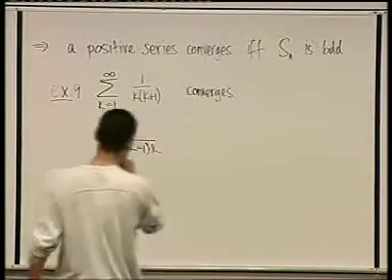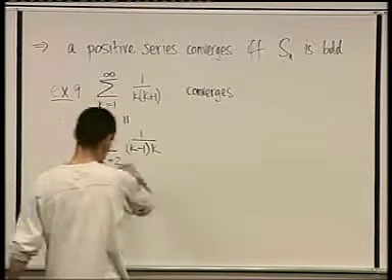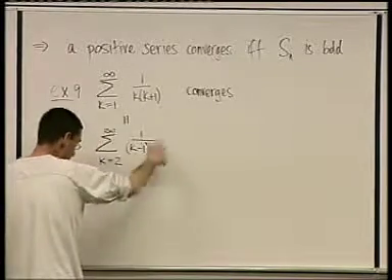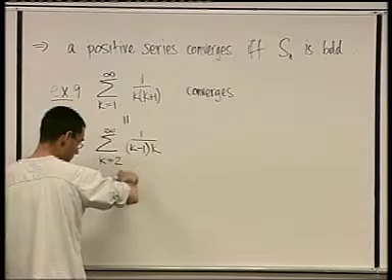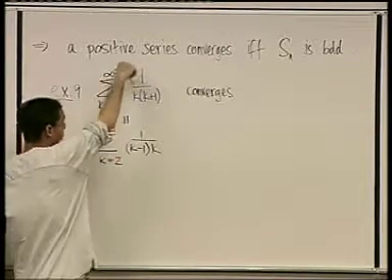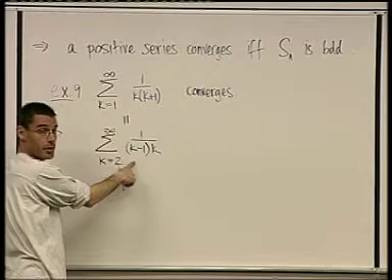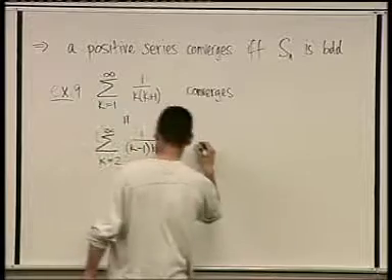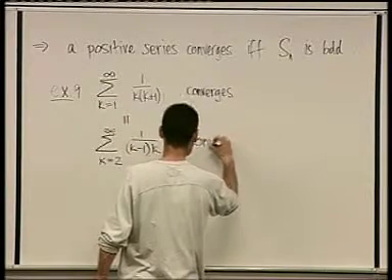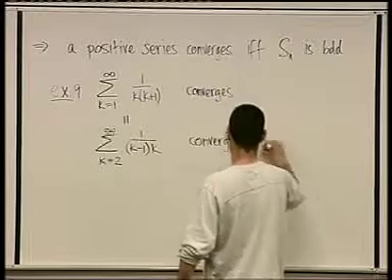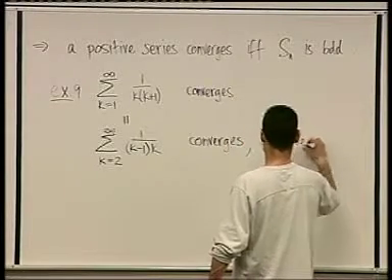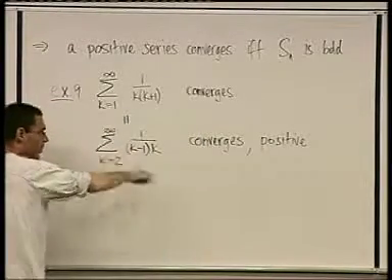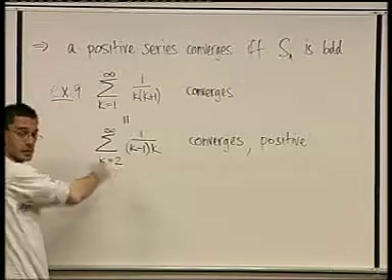So what I want to argue now is the following. This converges because it's precisely the same thing. Since this converges, and it's a positive series, all the elements of the sequence are positive, this means that the sequence of partial sums of this thing is bounded.